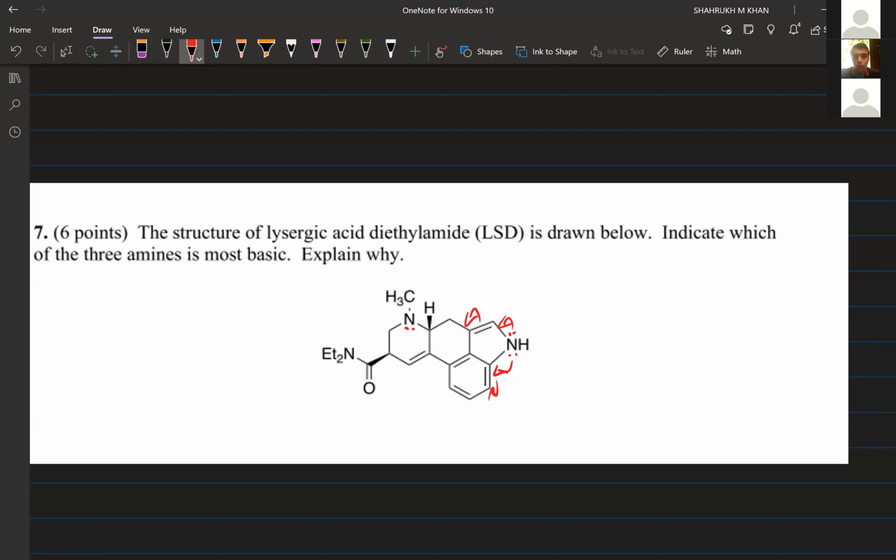So allylic pi bonds next to it and an aromatic ring next to it. There's going to be some delocalization on this lone pair. Therefore, this one is going to be the most basic. Your reasoning would be it has a localized lone pair because it's surrounded by all alkyl groups. And then you have to mention that the other ones, maybe just draw the resonance structures as your explanation. This delocalizes with the carbonyl, the other delocalizes with the alkene in the ring. Because they're delocalized, they're not as readily available, which means they're much less basic.